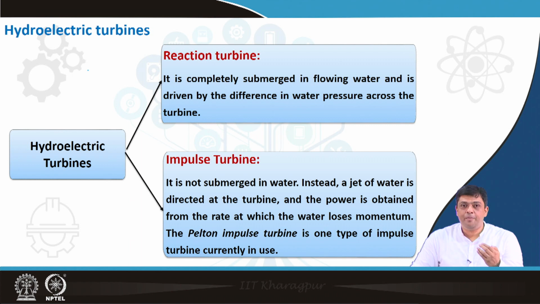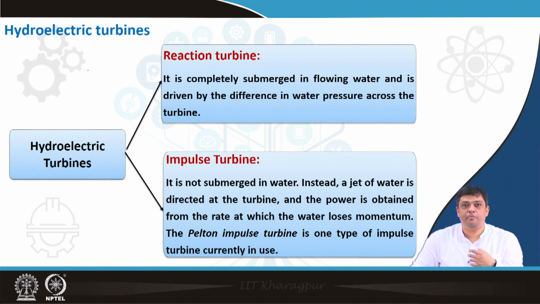I am continuously talking to you about the turbines, because they will play a critical role in extracting the power, and the kinds of turbines which are used are classified under two major headings: hydroelectric turbines which are reaction type, or hydroelectric turbines which are impulse type.